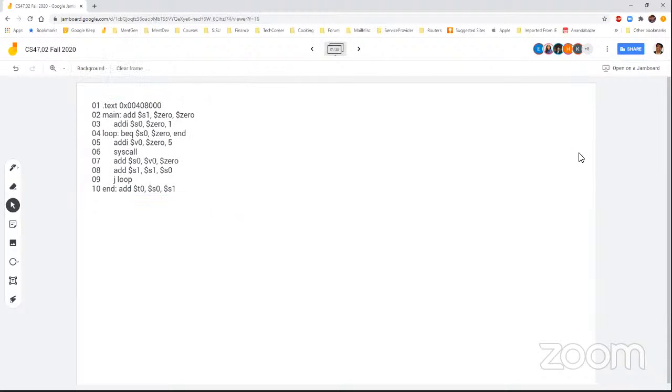Okay, so for this one, these are the line numbers, 1, 2, 3, 4, just for your easy counting. It says the machine code for line 9, which is J loop. So that means we need to compute the machine code for this J loop.